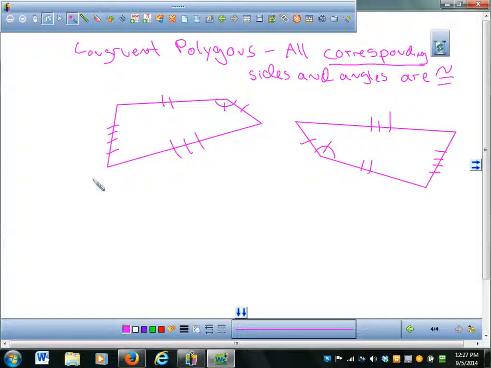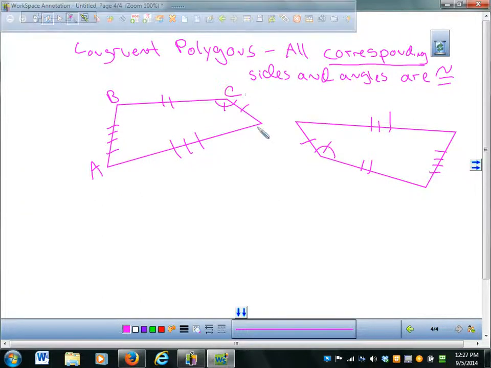So if I call this A, B, C, D, and I say ABCD is congruent to G, H, I, J, what would G have to go with?